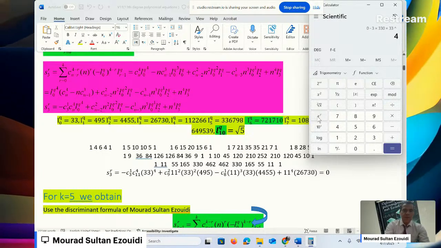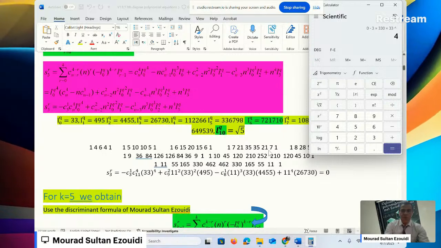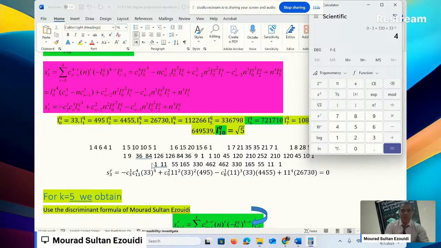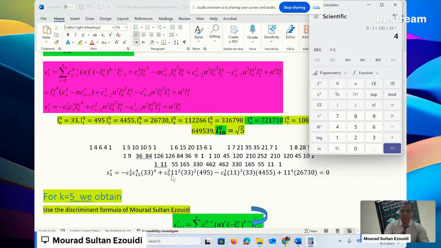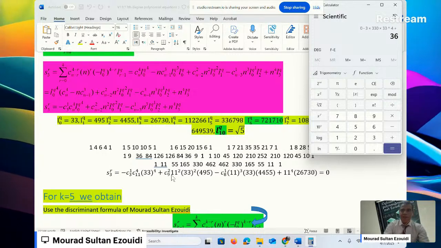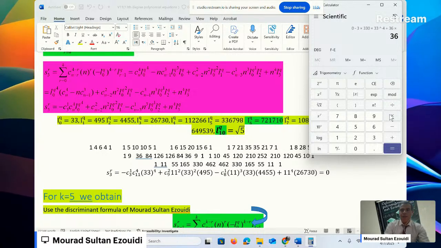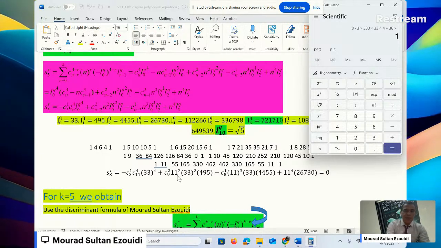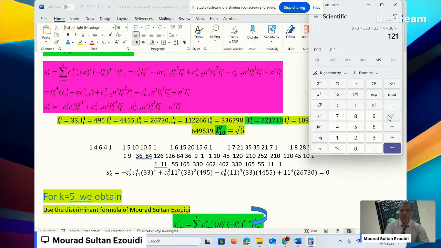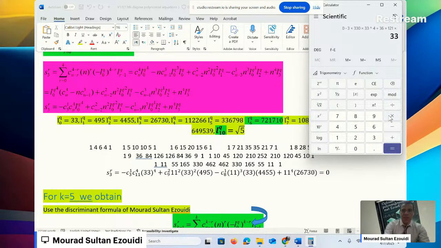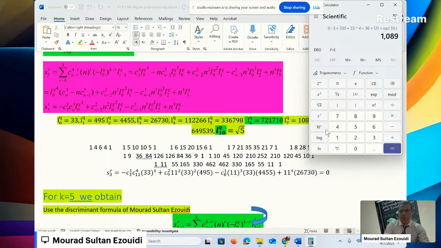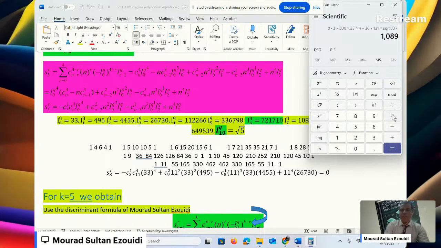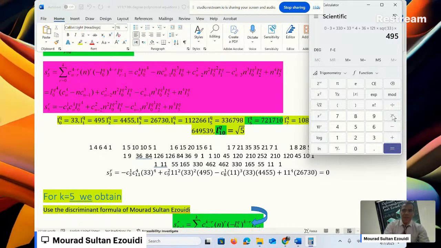Plus 9 choose 2, which is 36, then plus 36 multiplied by 11 squared, which means 121 times 33 squared, times 33 times 495.